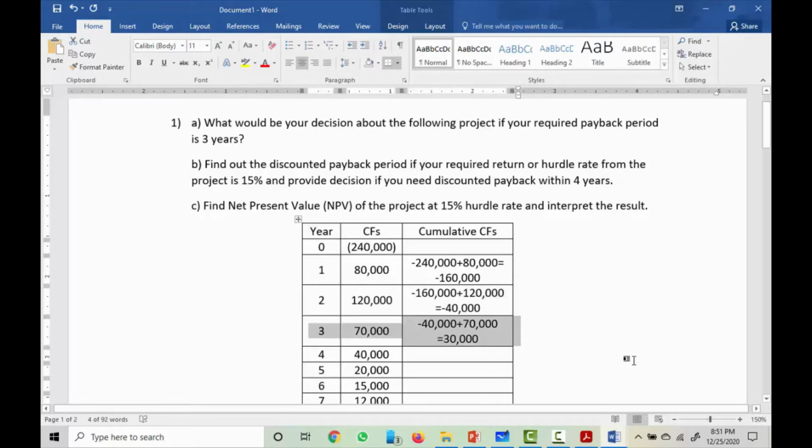Payback period is not fully 3 years, because after year 3, we are in surplus of 30,000 taka. That means we got our payback of 240,000 taka and a surplus of 30,000 taka after year 3. So which means payback period is more than 2 years but less than 3 years.